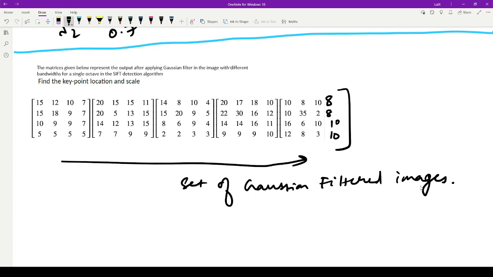What does SIFT do after this? Once you have the Gaussian pyramid out there, what is it that's done in SIFT?